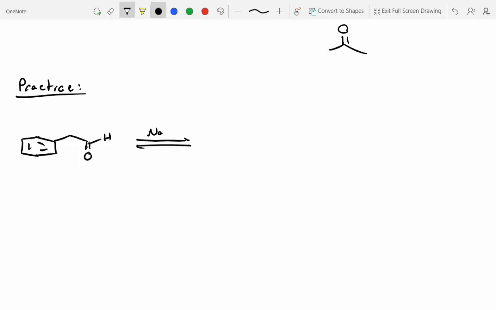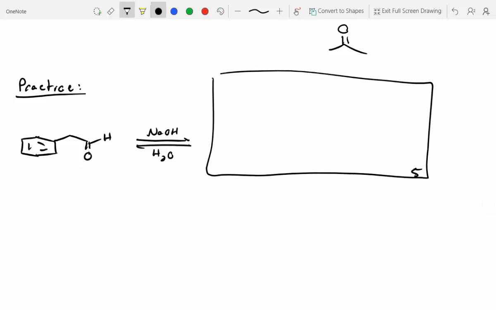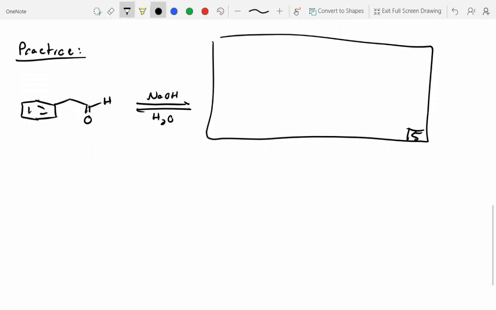We're going to treat this with sodium hydroxide and water. This will be a 5-point quiz problem. It's worth more. Let's try to figure out what the product looks like here.